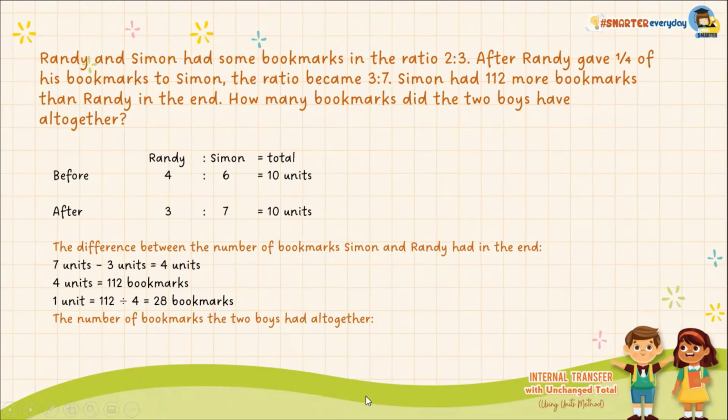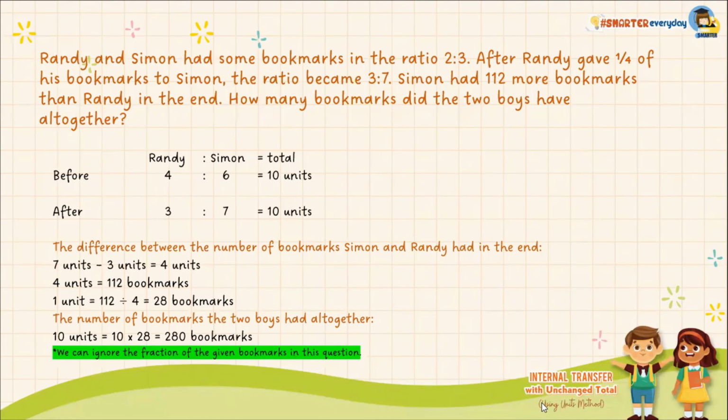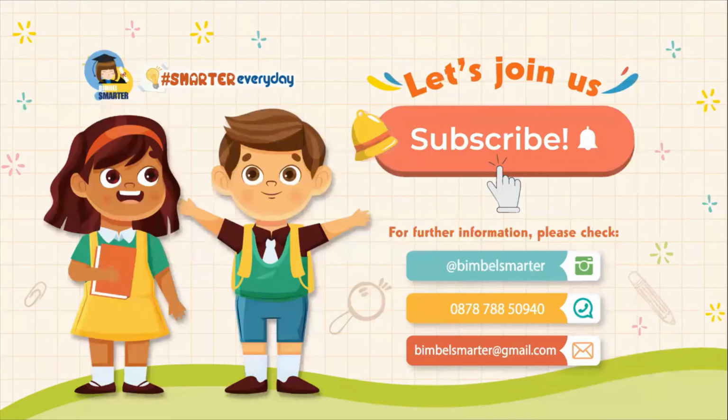It doesn't matter because we're just going to find the number of bookmarks the two boys had altogether. Remember, the total doesn't change. So we have 10 units here. The 10 units equals 10 times the value of 1 unit, which is 28 bookmarks. So it is 280 bookmarks. And we can also ignore the fraction of the given bookmarks in this question.